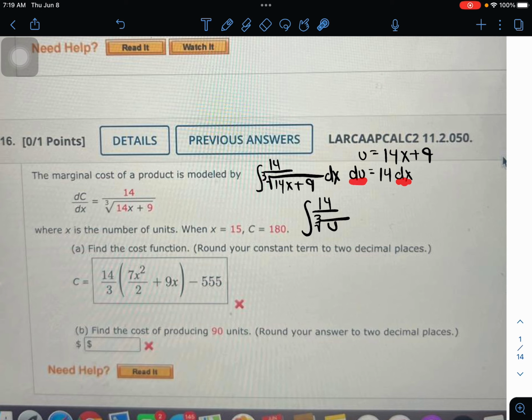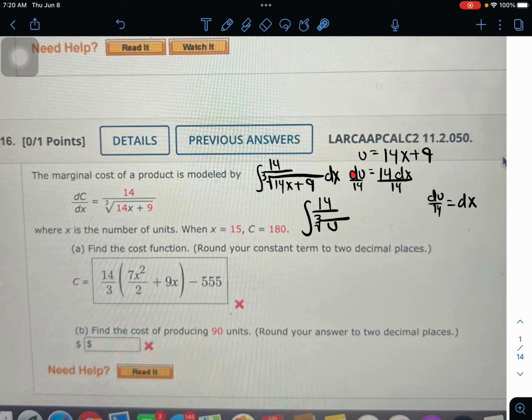du equals 14 dx. But I don't have 14 dx, I only have dx. So what I'm going to do is divide this by 14 and divide this by 14. And if I do that, I then have du divided by 14 equals dx. You see that?